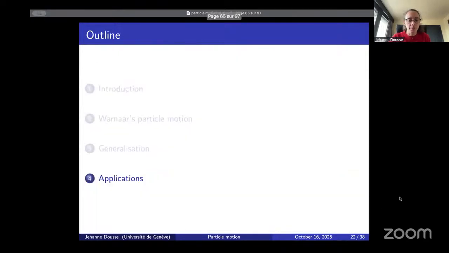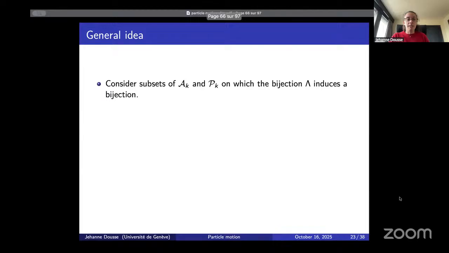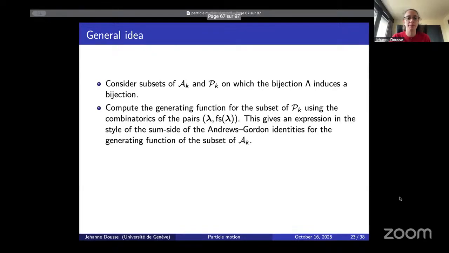Okay, so I promise that I will tell you how to get Andrews-Gordon from that. We will see that, and another application or two. So the idea will be to take the same bijection lambda that we defined, but instead of considering the full sets A_k and P_k like we just did, which gives us the Bressoud identity we just saw, we will consider subsets of A_k and P_k on which the bijection lambda also induces a bijection.